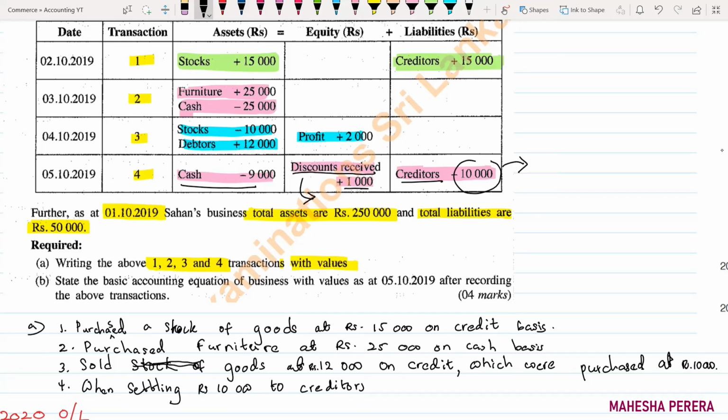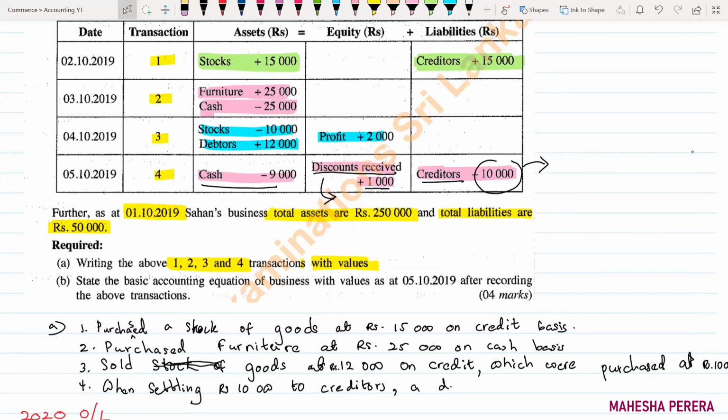Creditors, when settling this much to creditors, right? You can put a comma and you can say how much is the discount amount? 1,000. The discount of how much?